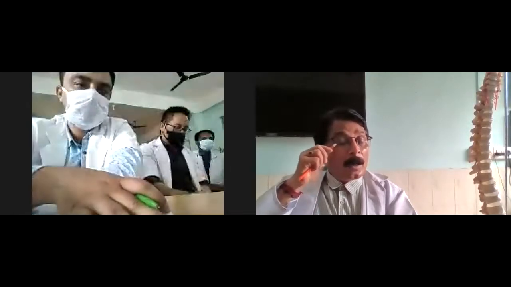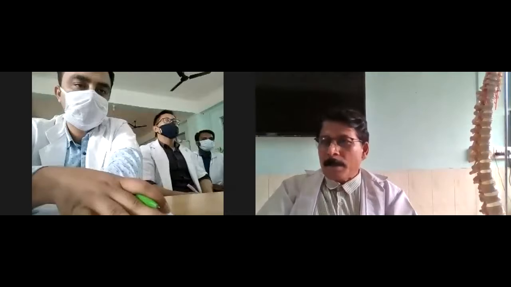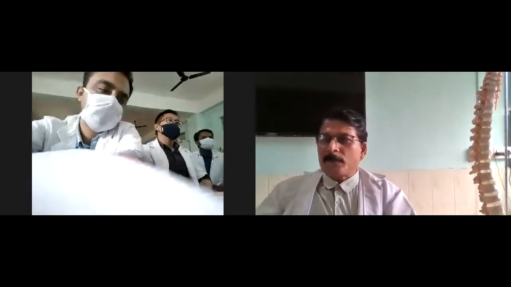We are concerned about the spine mostly in three or four conditions. One is trauma, one is infective pathology, where in third world countries we mostly see tuberculosis. Another is certain deformities, and another is degenerative conditions.